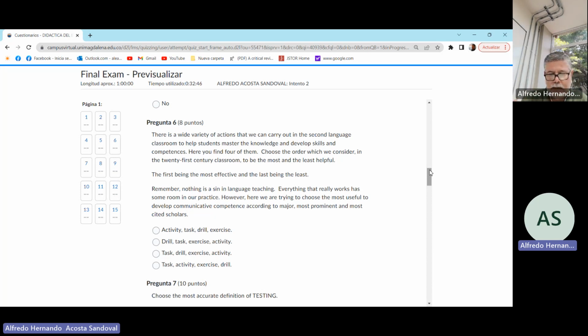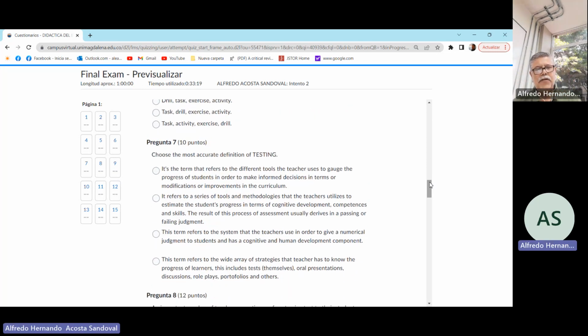I think it was easy to find the answer, because you have task first as the most effective, according to the most prominent scholars. And finally, drill. Even if you don't necessarily agree, the other orders do not match what most scholars say.